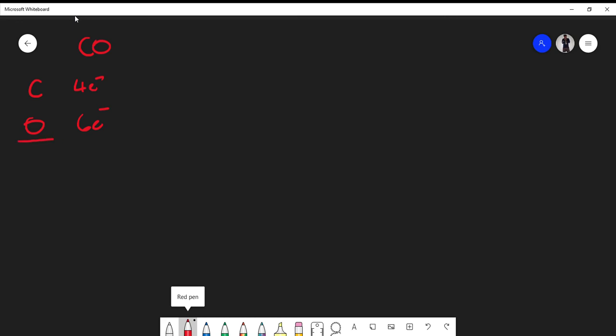After we get our valence electrons, let's talk about the total electrons that we have to place. 4 plus 6 is simply 10. So in my Lewis structure, I should have 10 electrons total.